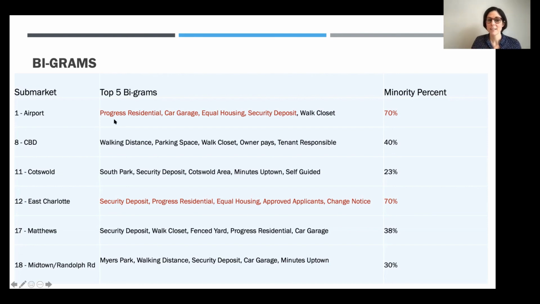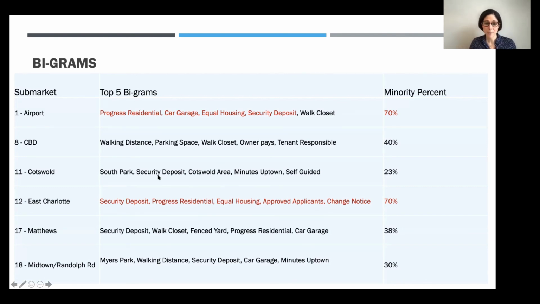First is the term Progress Residential, one of these corporate landlords which have been gobbling up lots of housing, and are notorious for high rates of evictions and crushing tenants. So we've got Progress Residential, equal housing, security deposit, approved applicants, and so on.